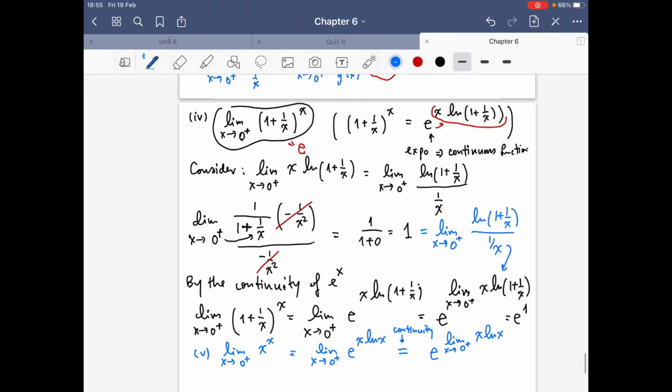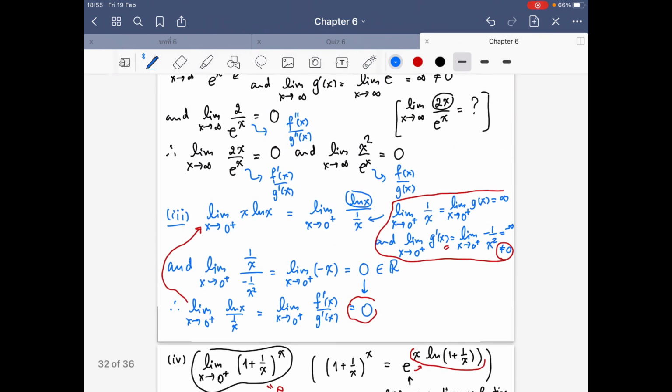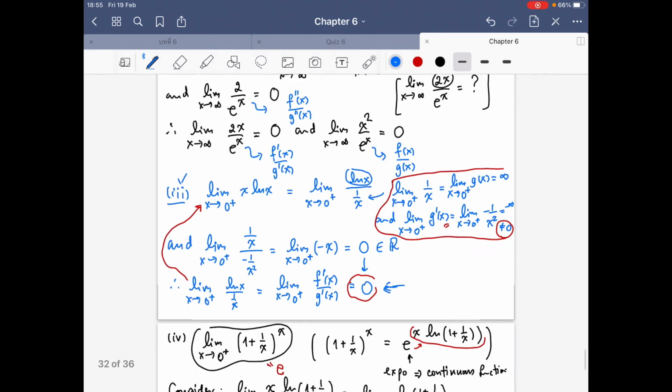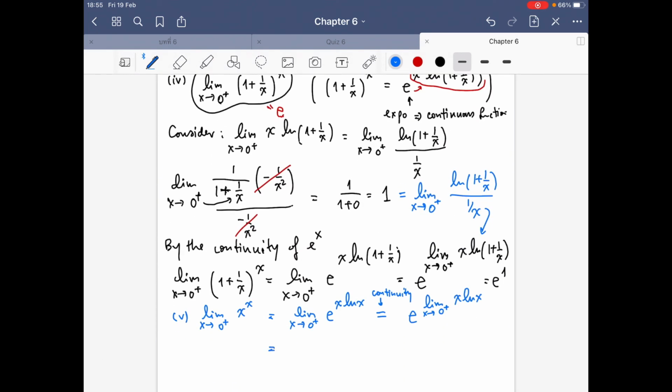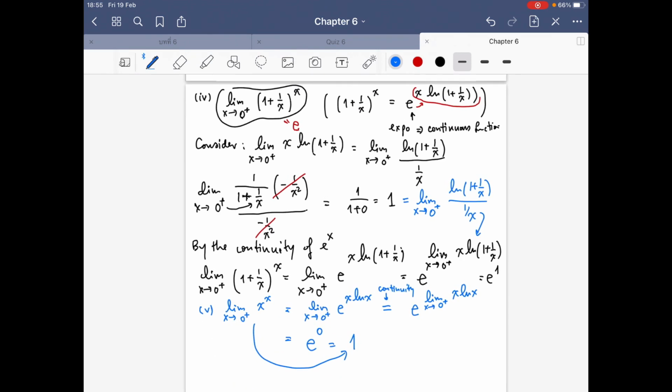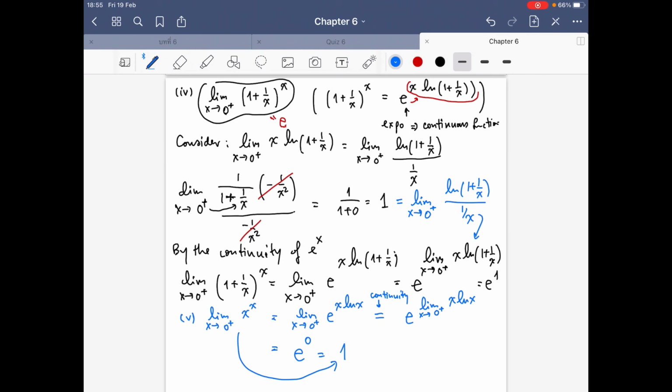Okay, and you already know from this problem that this limit goes to what? Goes to 0. So it means that this one equals e raised to power 0, or 1. So this one, okay, at the beginning you are not so sure whether it equals 1 or not, because it is 0 raised to power 0, which is not defined in terms of mathematics. Okay, however, as you use L'Hopital's rule, then you know that this one actually equals 1.